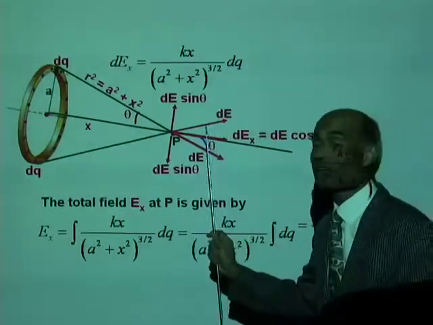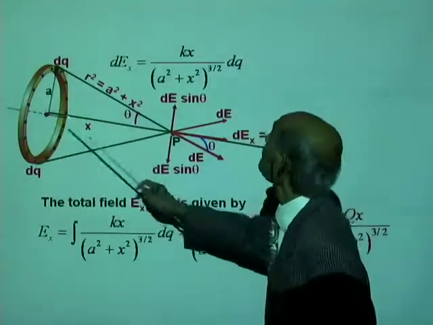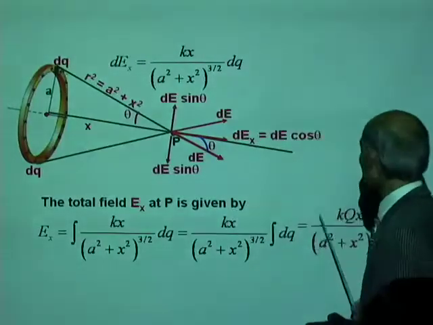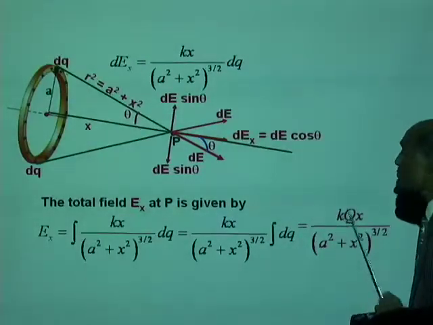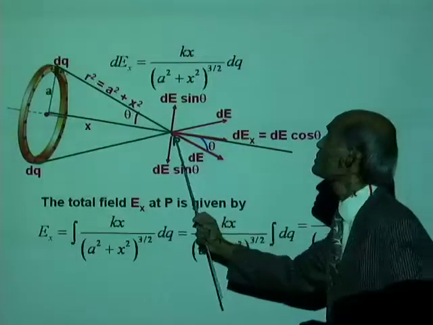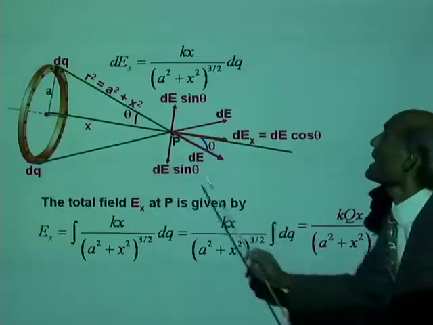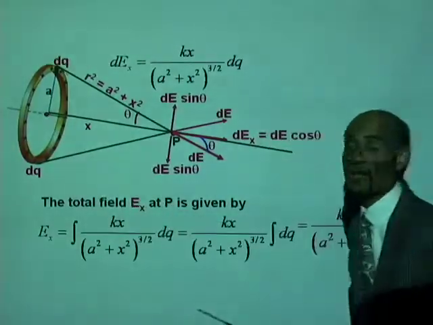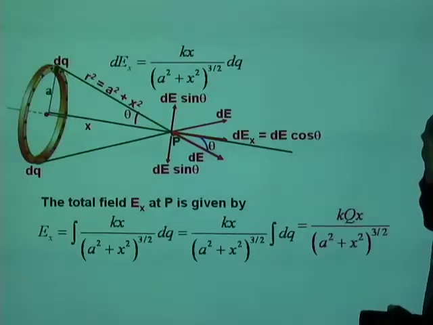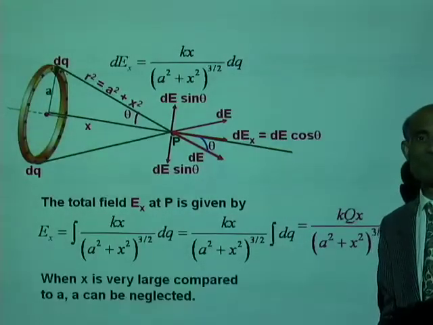The electric field at a point on the axis of a ring charge is kqx over a squared plus x squared to the power of 3 over 2. Q is the total charge on the ring. X is the distance of the point from the center of the ring. And a is the radius of the ring.